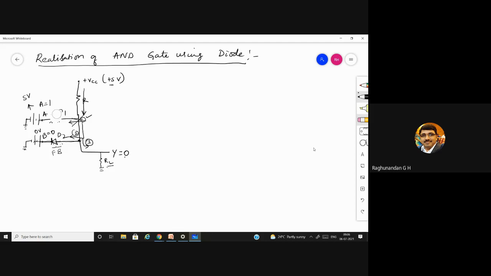Now let us take A is equal to 0 also. When A is also equal to 0, what will happen? Again the same three options we are having. The current can flow like this, or like this. Now what might be the option for the current to flow, based upon the discussion we just did?